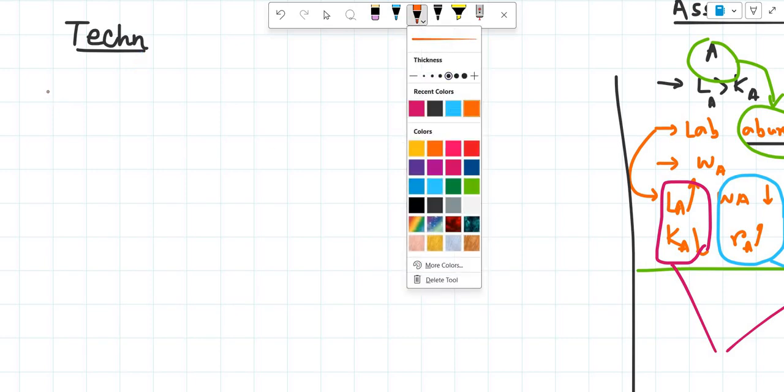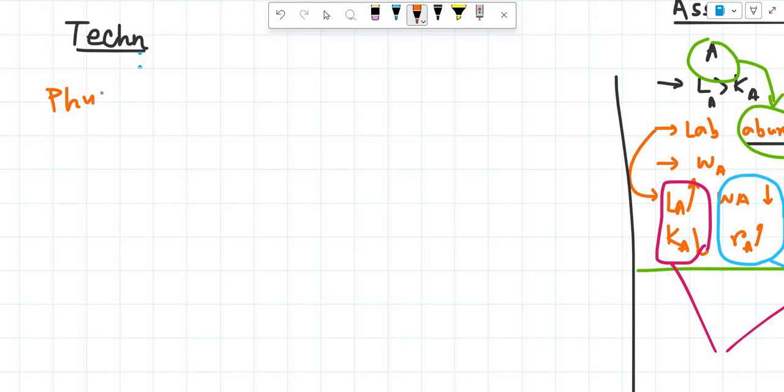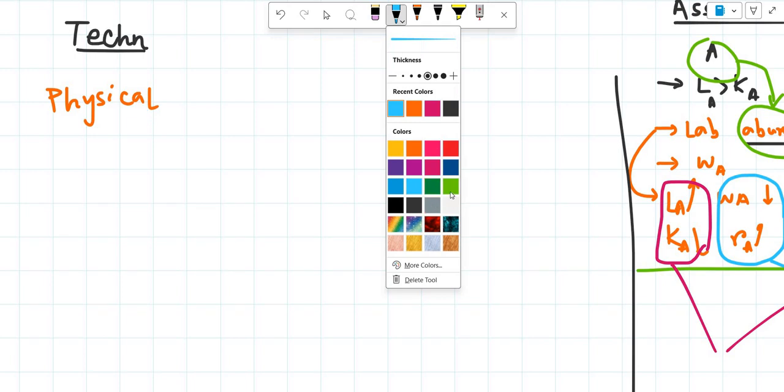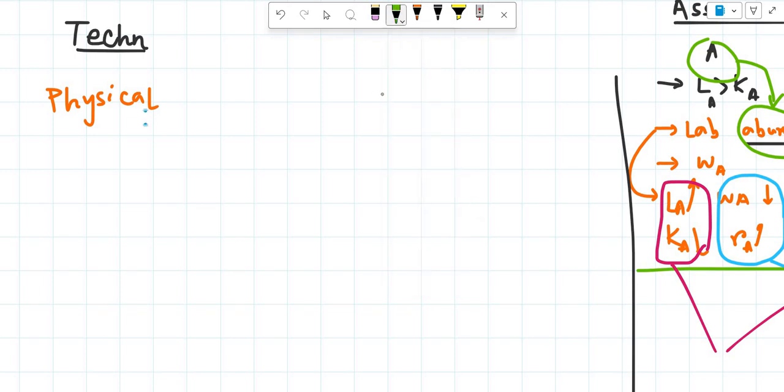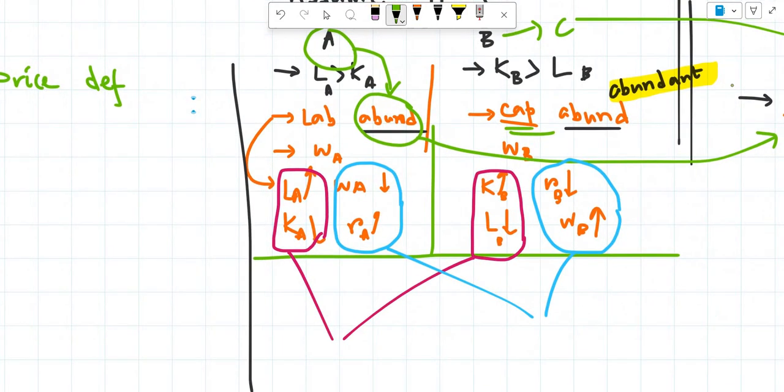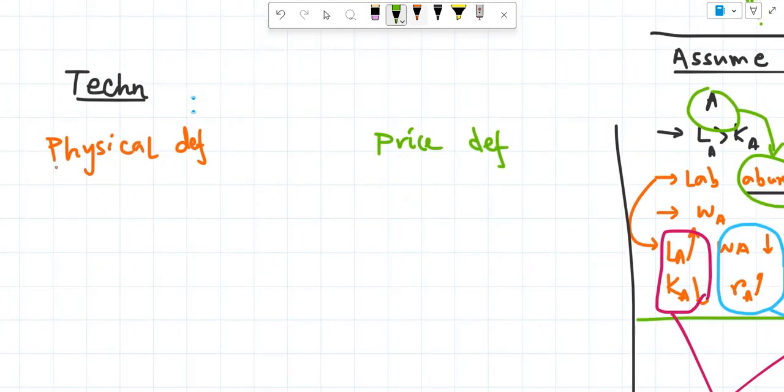So, one is the physical definition. And the other is the price definition. Now, what is the physical definition? What is the price definition? Basically, this definition actually helps us understand the word abundance, right?